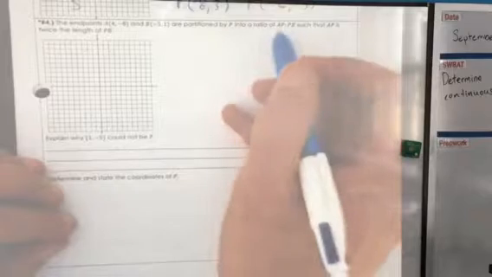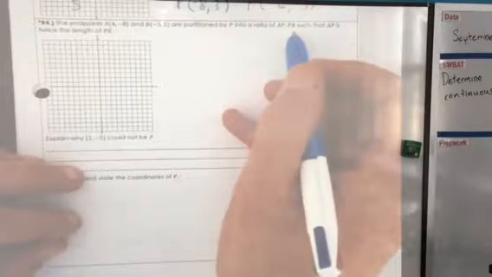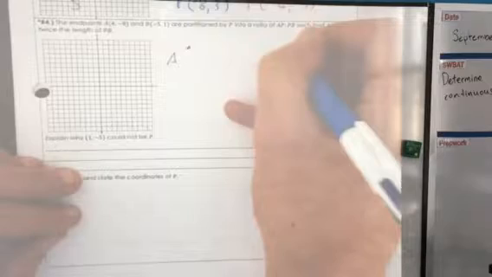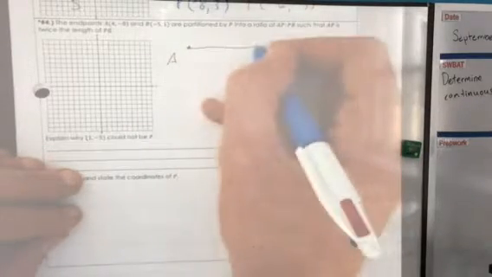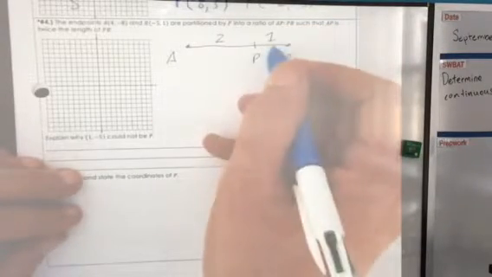The endpoints A and B are partitioned by P into AP and PB, so that AP is twice the length of PB. So AB is partitioned so that AP is twice the length of PB, so it looks something like this. Now A is at 4, -8.